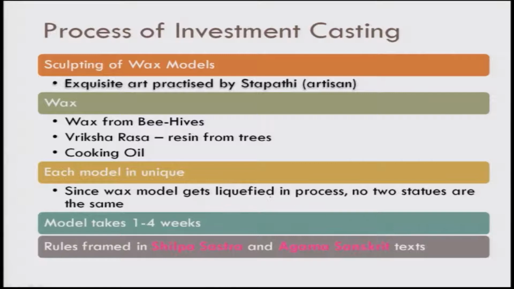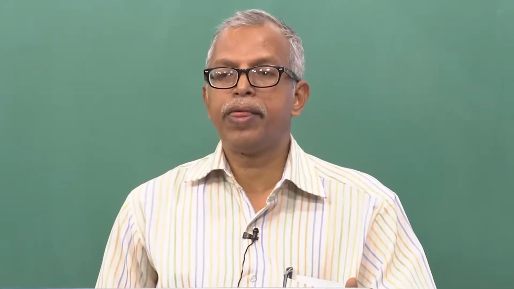Of course, the first is that one has to make a wax model, and it has to be sculpted. Sculpted means very intricate work has to be done, and it can be done by an artist known as a sthapati. They should have a good hand and good mind to do those intricate shapes in the model itself, which is easy to manage, easy to place the shapes.